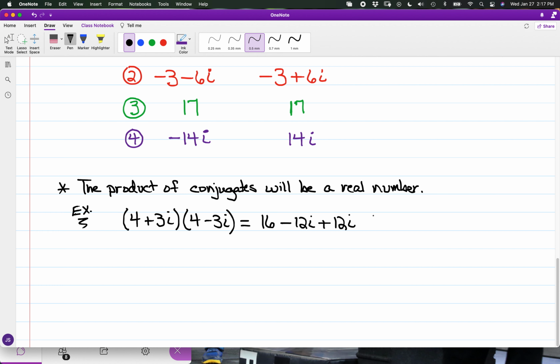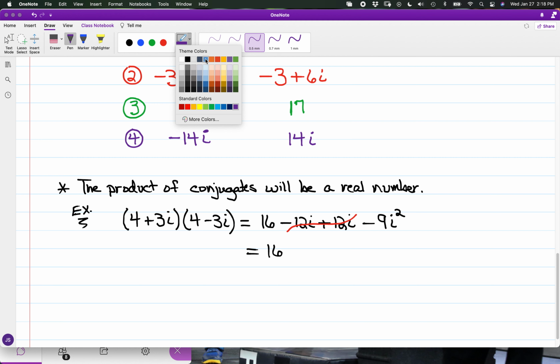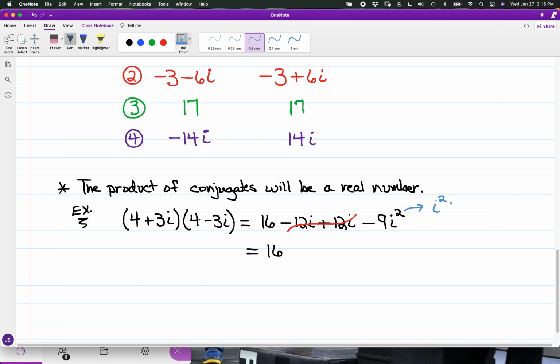And with the last product, we have negative 9i squared. Again, first order i terms cancel. So we have 16, and for minus 9i squared, again, i squared is going to be negative 1.